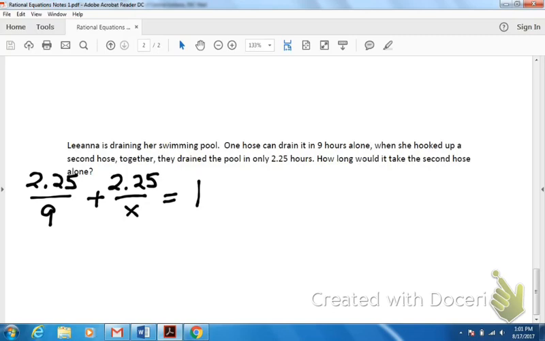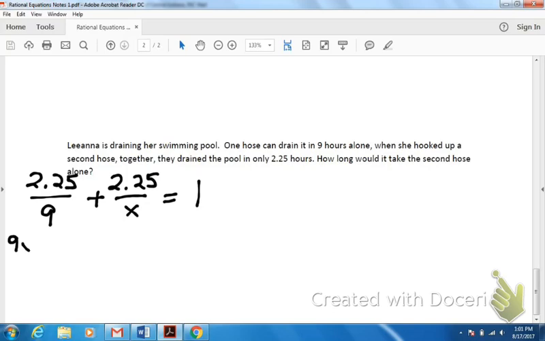So what would I multiply by? 9x. I need to multiply by something that would cancel with both of those. If we try to do x plus 9, that doesn't cancel. Remember, x plus 9 is like 1 unit. It would not cancel with a 9 or an x. So each part is going to get multiplied by 9x.